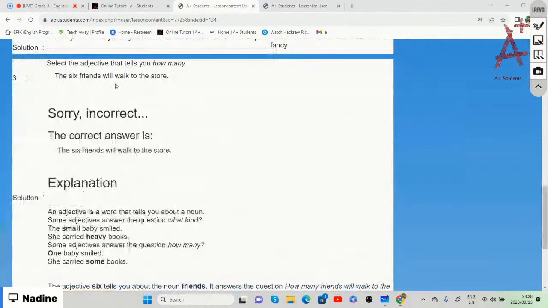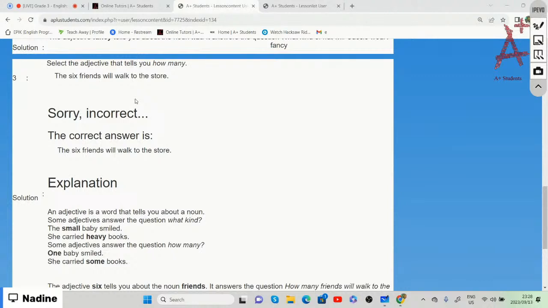The six friends will walk to the store. We need to select the adjective that tells us how many.